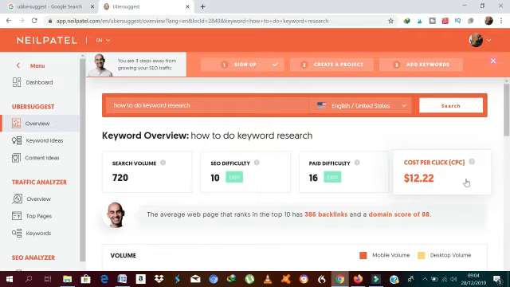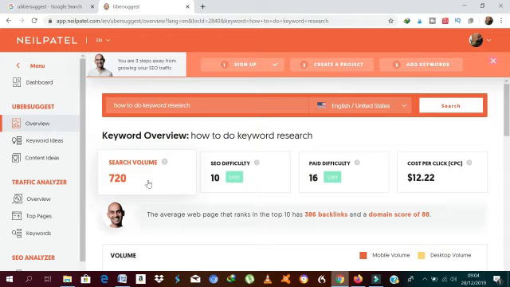And the cost per click is $12.22. So this keyword is very rich and good to target. The only problem is the search volume, which is below. Remember, we said that you must target a search volume which is about 1,000.